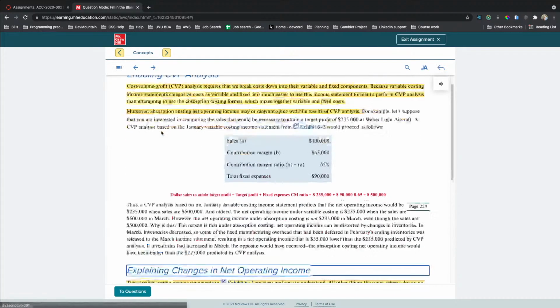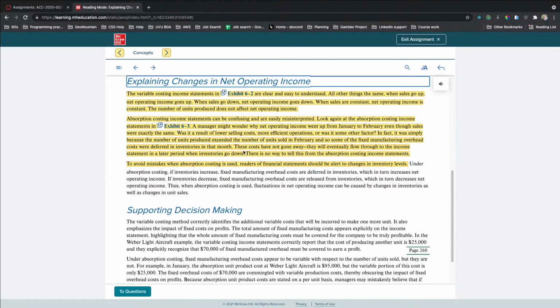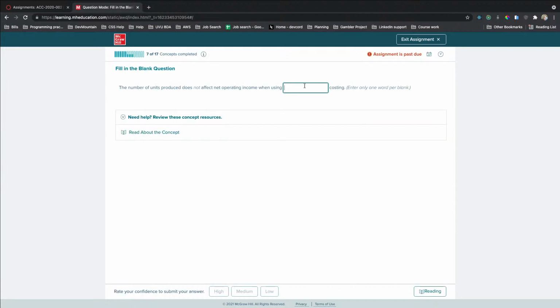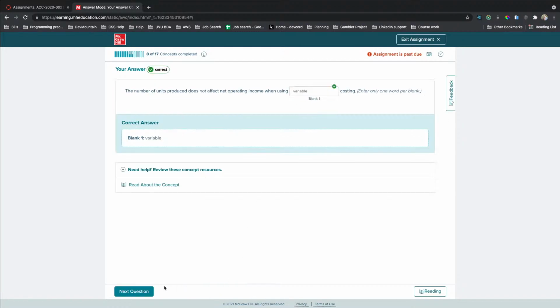I think this is absorption. I remember reading this. Huh. Variable. I would have said absorption.